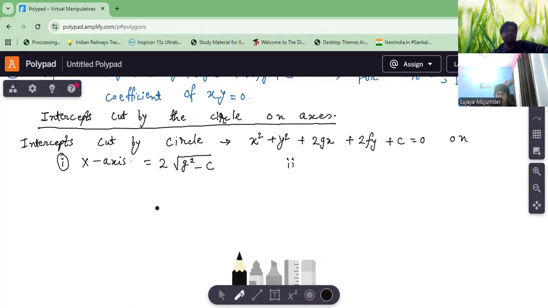And if I say on the y-axis, then it is 2 times root over f squared minus c.